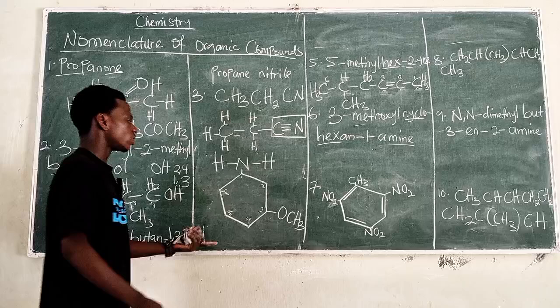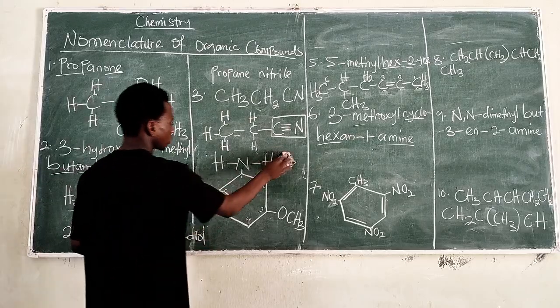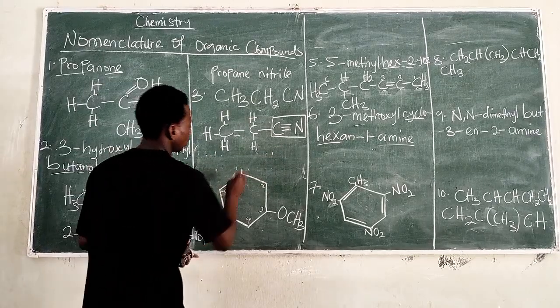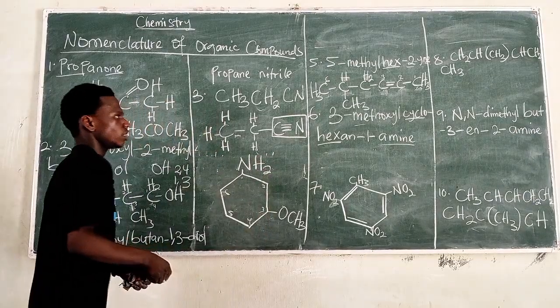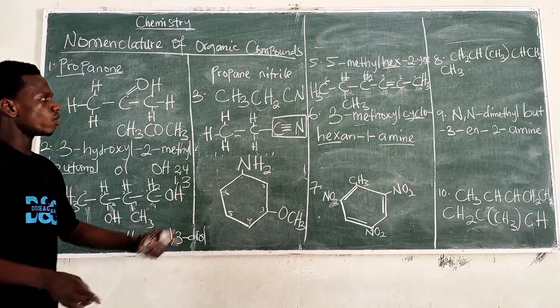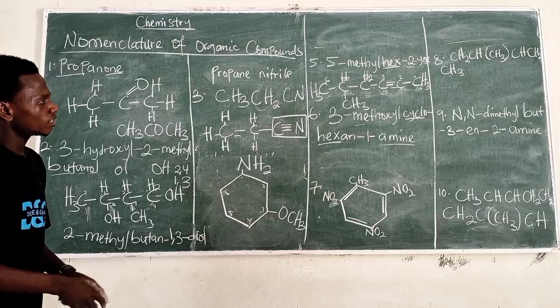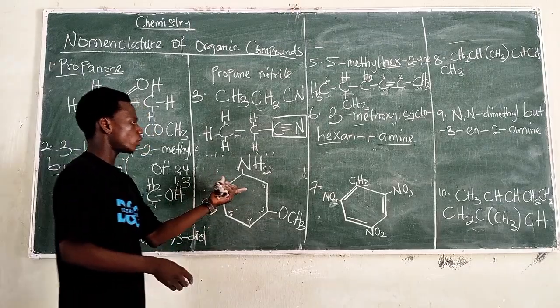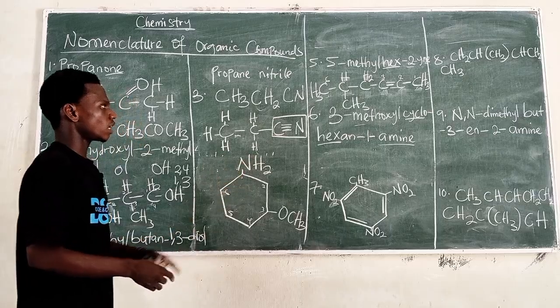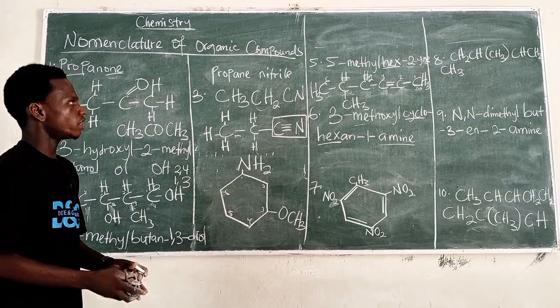So this is all about the structure. You can also write this as NH2, also the same. So this is all for trimethoxy cyclohex-1-amine. So the position of the amine is on carbon 1, indicating the parent name.